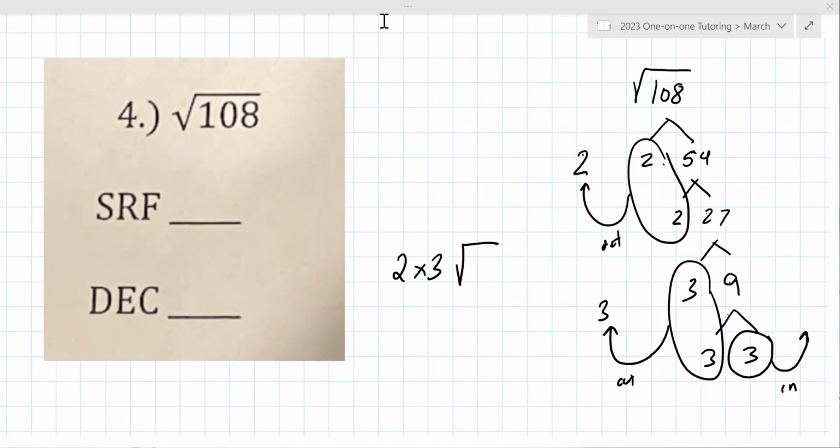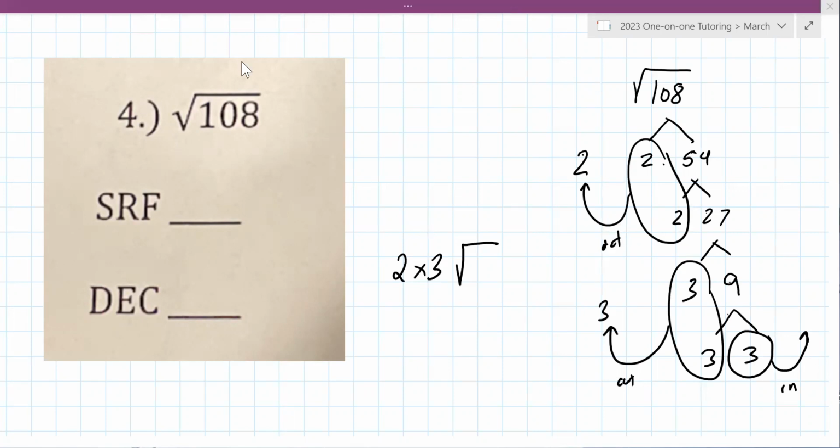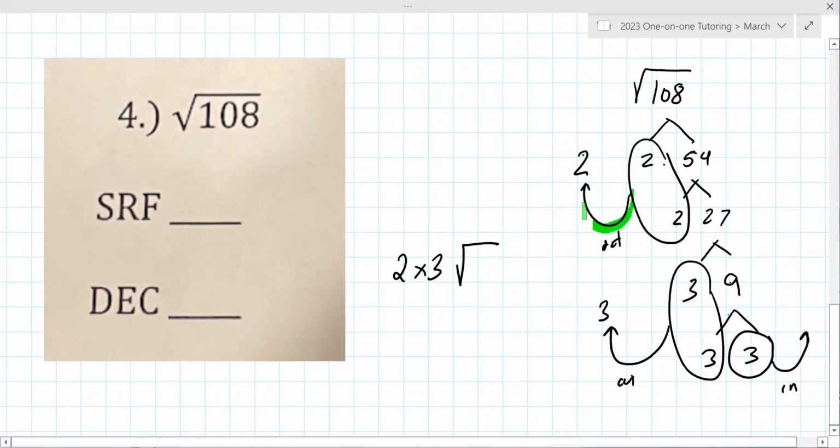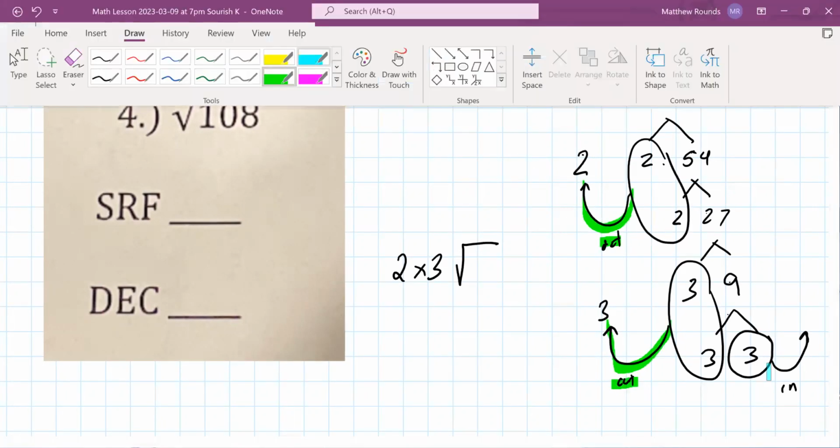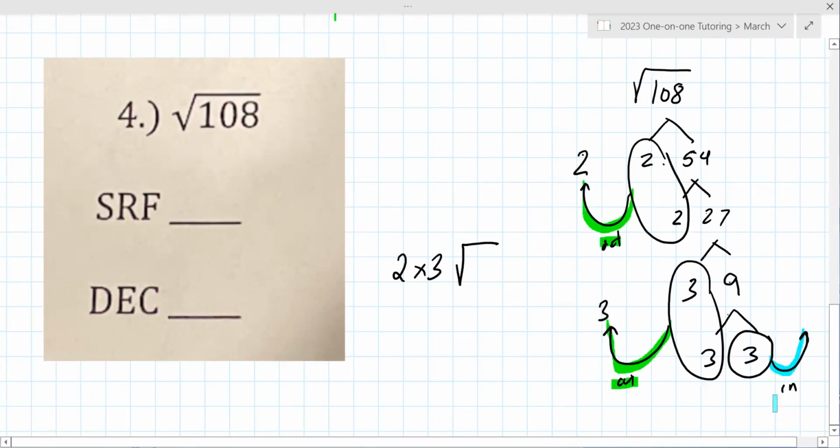Okay, Cyrus, are you ready to get back at it here? Yeah. Okay, so do you see how I'm showing some arrows here for the word out? And do you similarly see that I also have an arrow here for the word in?